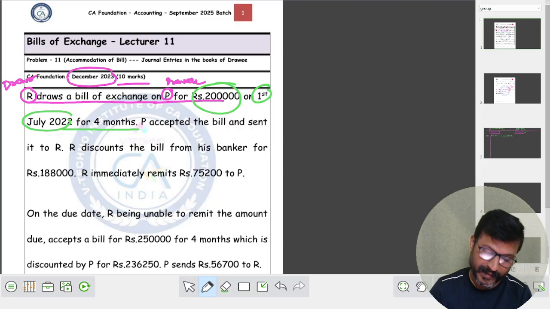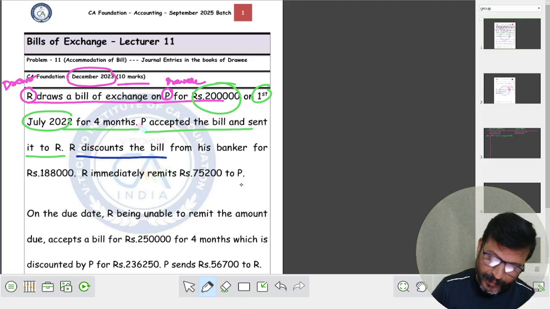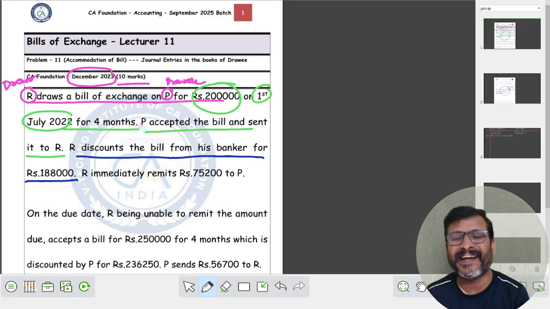See what happened in the next stage. P accepted the bill, means I accepted the bill and sent it to R. What happened afterwards? R discounts the bill from his banker for rupees 1,88,000.